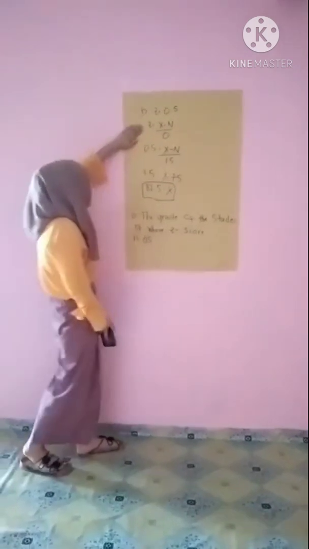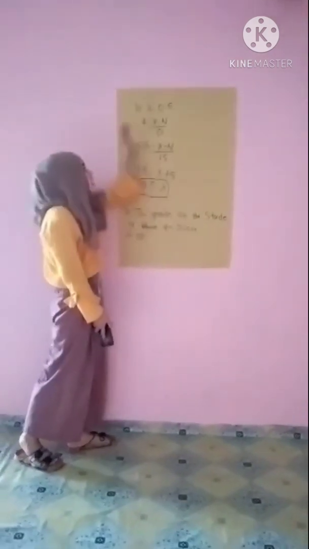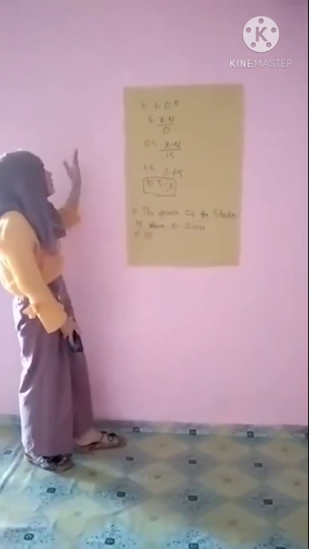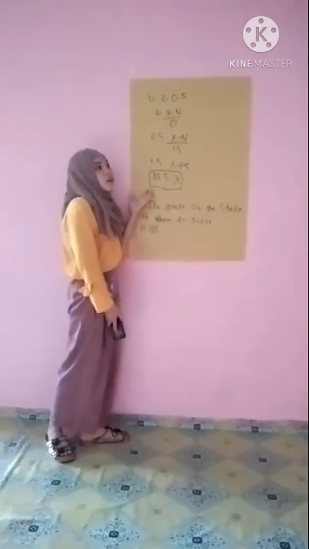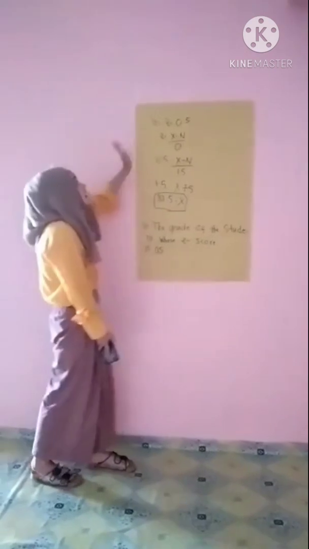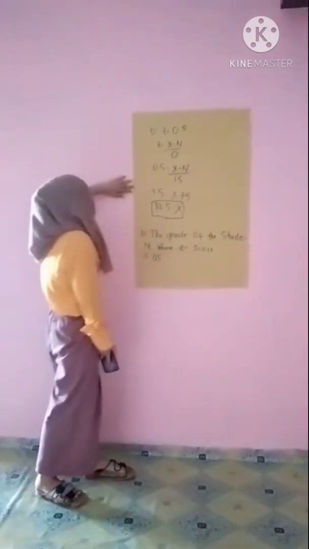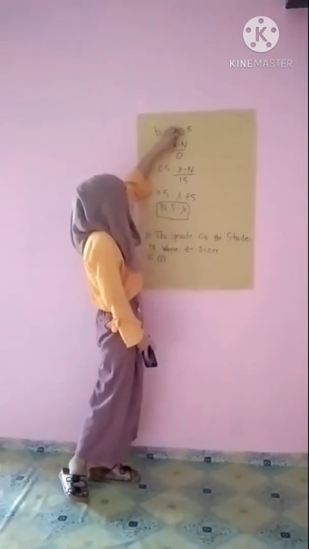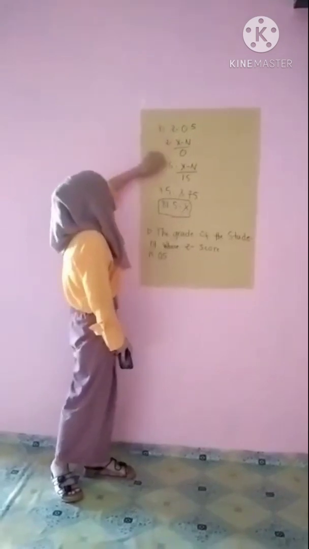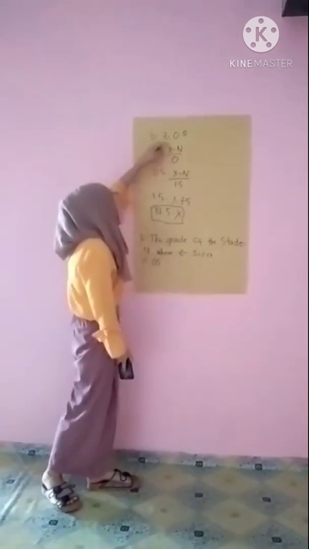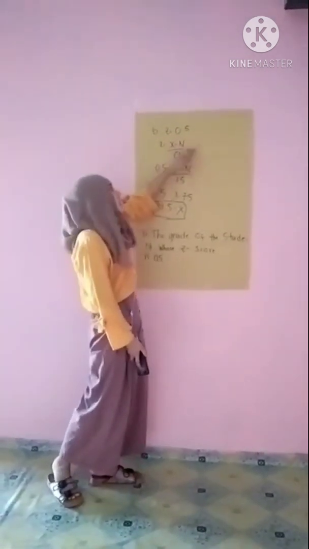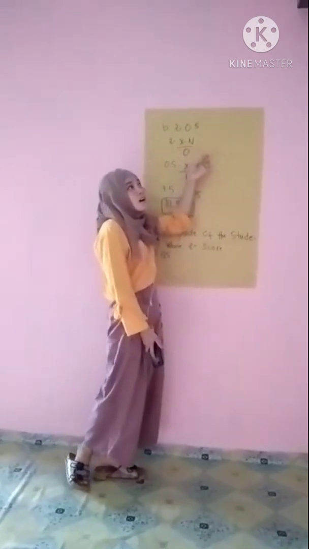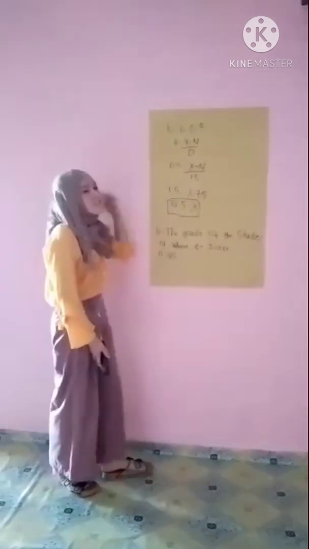In letter B, the question is the score of the student whose Z-score is 0.5. What happens here is the reverse of what we did in letter A. Using the formula, Z-score 0.5 equals x minus mu over sigma, where x is the score of the student, mu is 75, and sigma is 15.